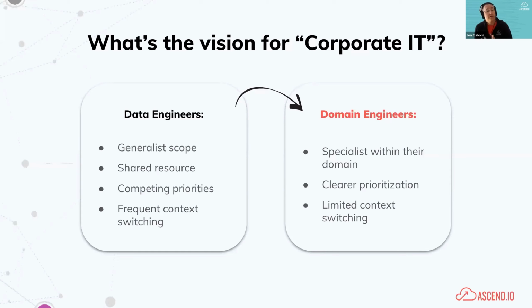In a mesh architecture, we shift the term a little bit, and we're now calling people domain engineers. And like I said, some of that's semantic, but some of it is not. Some of it is, I want my data engineers to be specialists. So I want the people working on customer data to be experts in customer data, to the point where they're building relationships with their business partners also in customers.